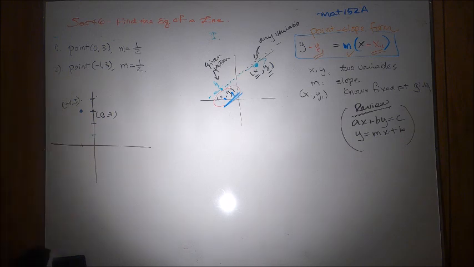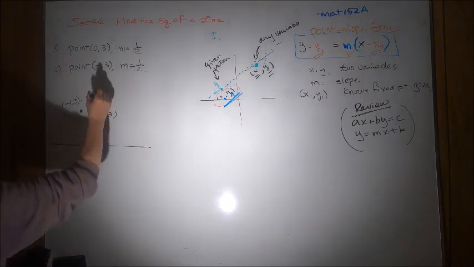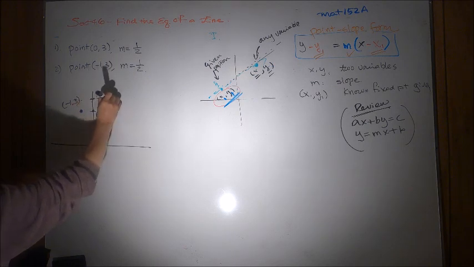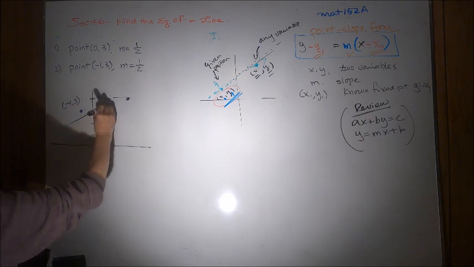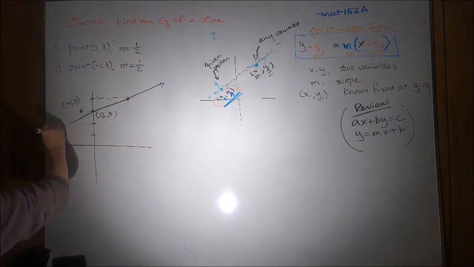So for the first one, the slope is what? Half. Both are half. So it means what? These two lines are parallel, right? So 1/2 means what? Rise 1, run 2. So the first line would be like this, right?